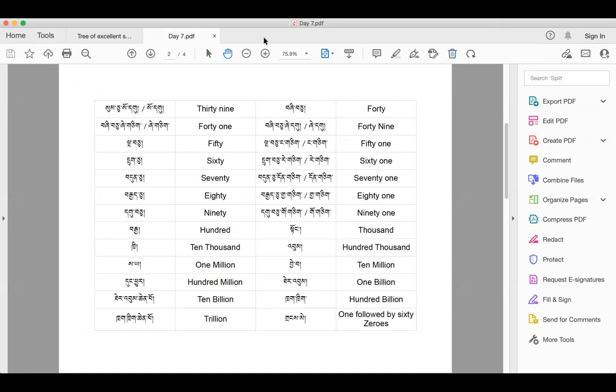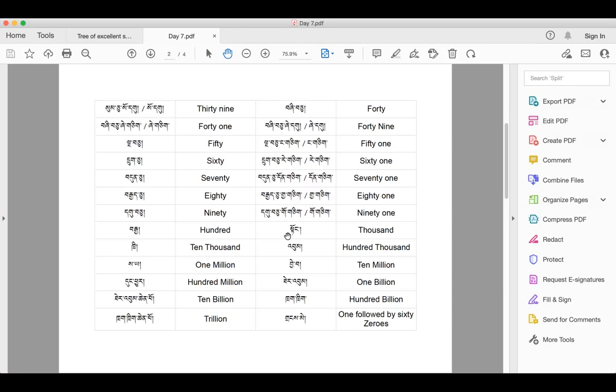Here you see that when it's 20, they have tsa. For 30, they have so. For 40, they have she. So during the old translation, everything was tsa. So it was nishu tsachik, sumchu tsachik, shipchu tsachik, ngapchu tsachik, trukchu tsachik, tunchu tsachik, gechu tsachik, kupchu tsachik.